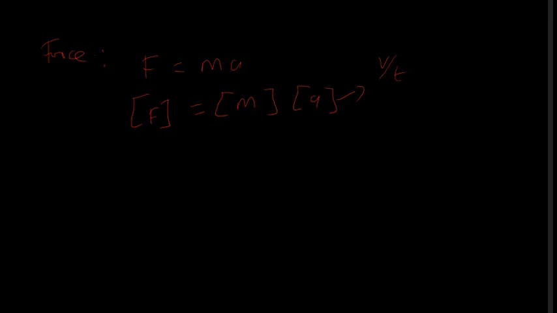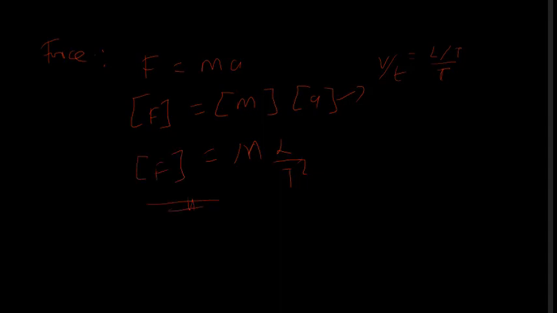So this simply means the dimensions of acceleration are L over T, divided by capital letter T. So dimensions of force are given by dimensions of mass, which is just capital letter M, and dimensions of acceleration, which is just L over T squared. Therefore, these will be the dimensions of a force.